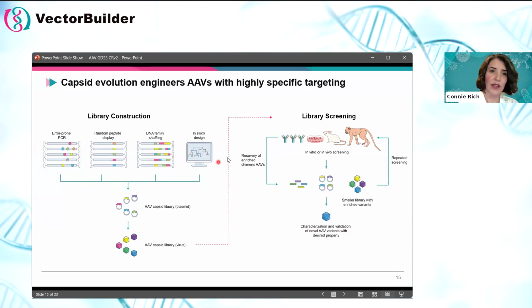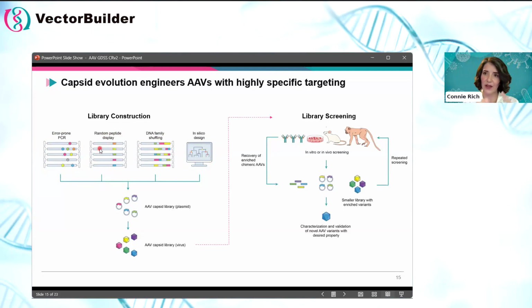There are a few different ways to create our wide range of capsid structures to screen, including error-prone PCR, which is essentially just introducing random mutations. We can shuffle DNA families, or we can use things like machine learning to try to design an AAV that will perform the way we want. However, the most popular approach is random peptide display.